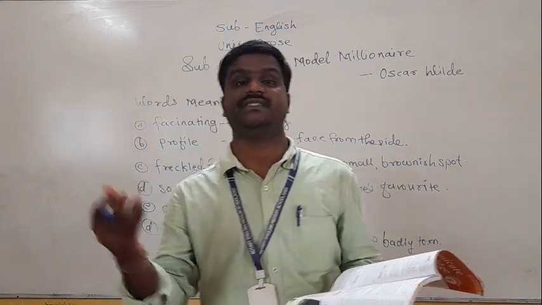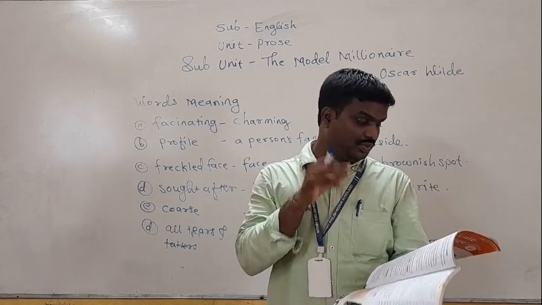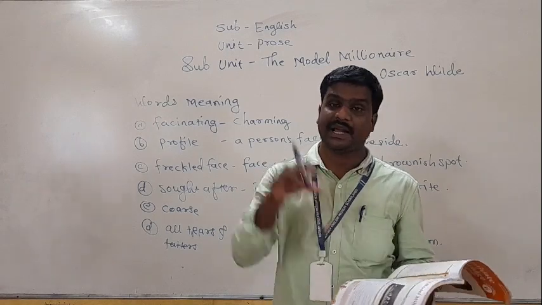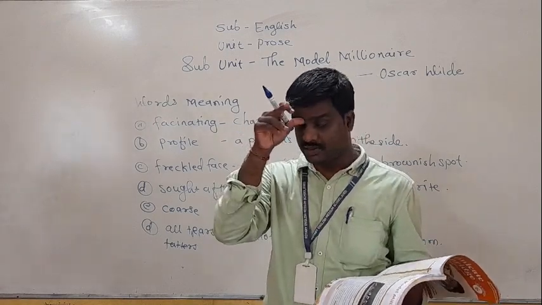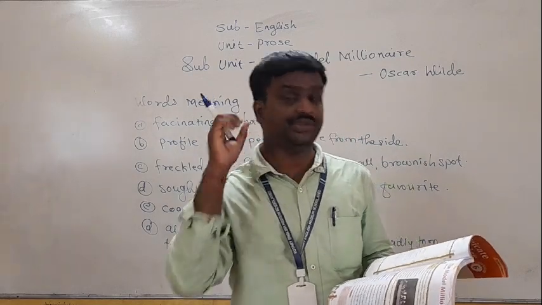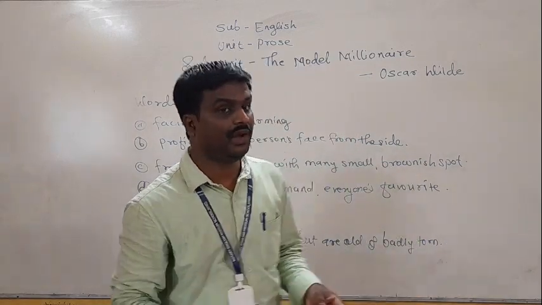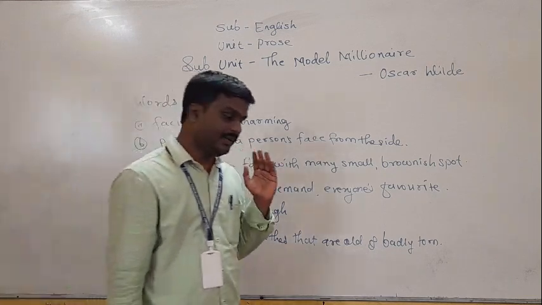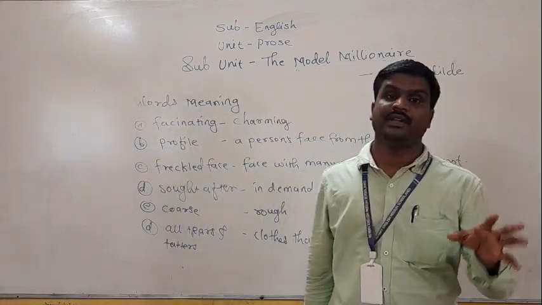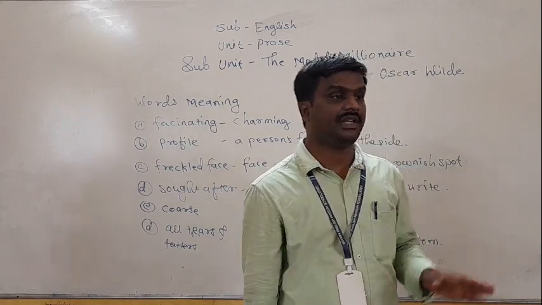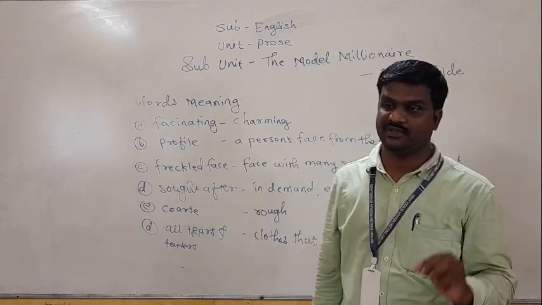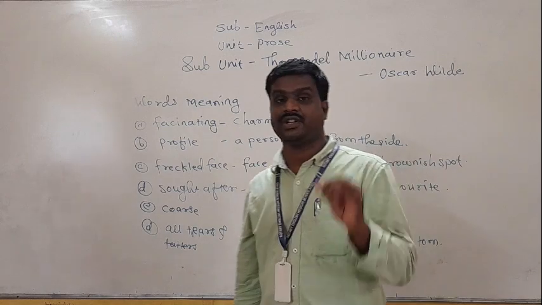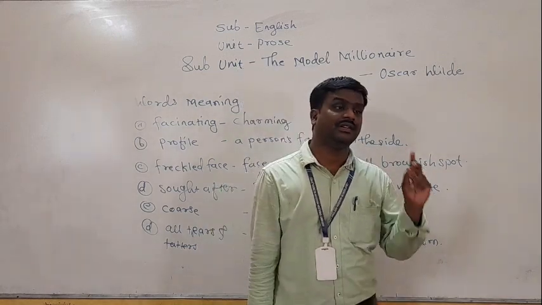The remaining point I will discuss in my next lecture. What I discussed today in the first paragraph, we saw the condition of Huey Erskine. Huey Erskine belonged to a poor family. Okay, he was a jobless person. Okay, and he was in love with Laura Merton, and Laura Merton was the daughter of a rich retired colonel.